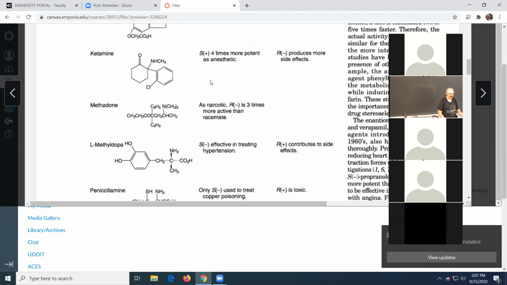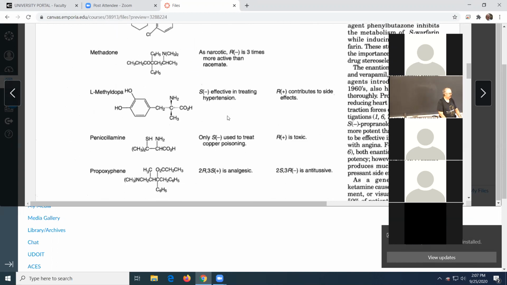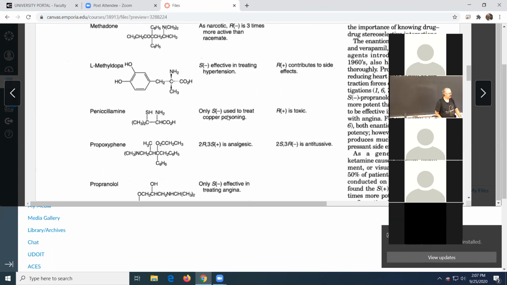Ketamine is an anesthetic. The S is more potent, the R produces side effects. Here's another example. This one is used in treating hypertension, while the enantiomer contributes to side effects.